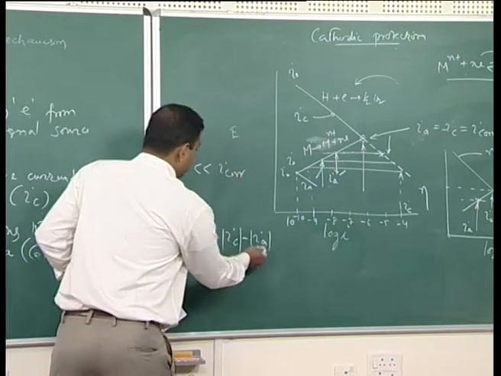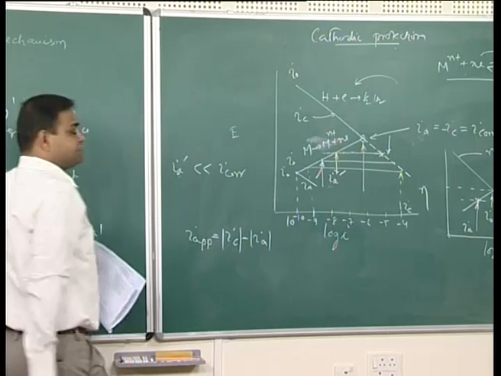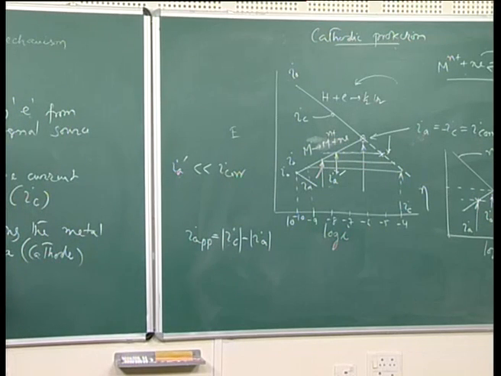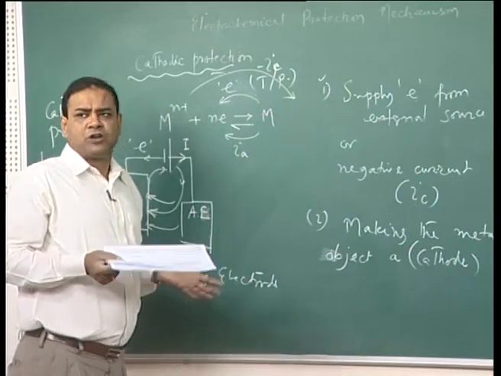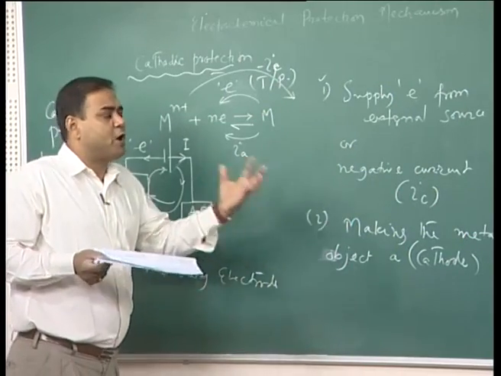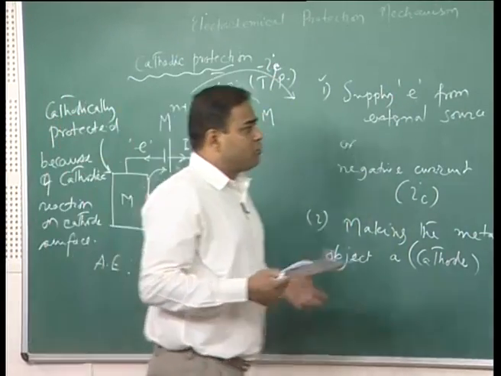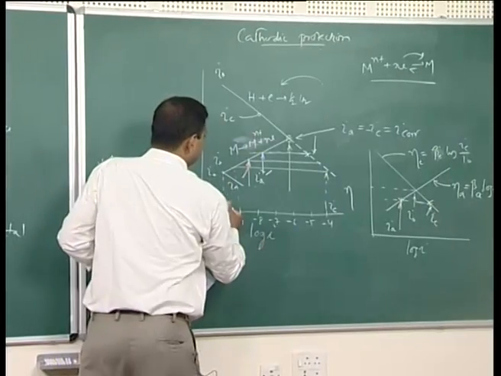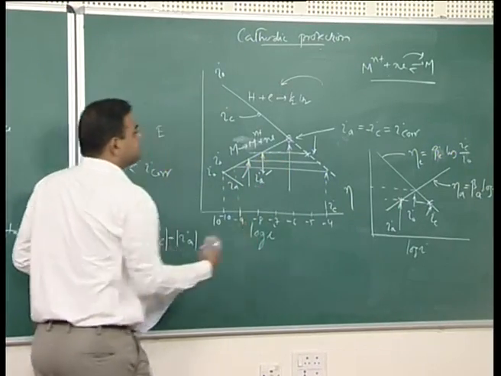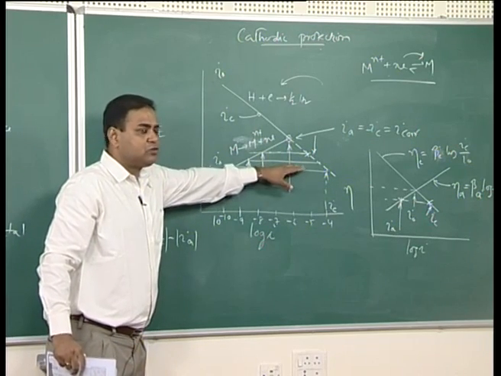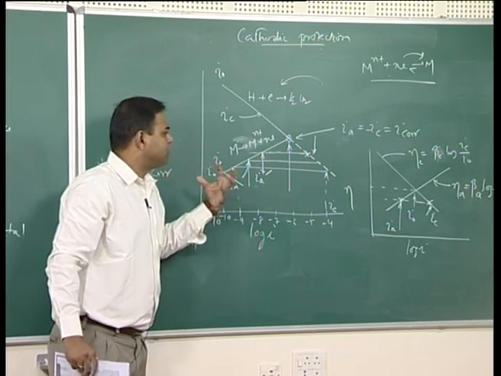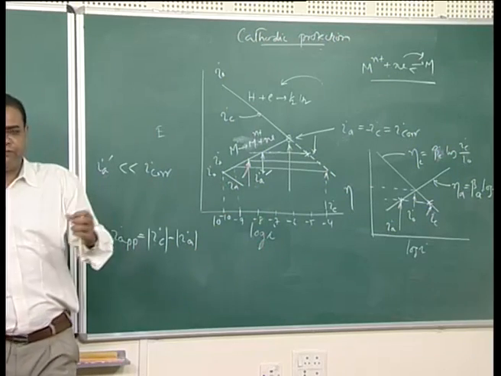If I applied increases, what does it mean? I have to supply huge current to the system, and huge current involves a lot of money, because we are spending a lot of power. So it is not advisable to go for a large cathodic protection, because the economic part should also be looked after.